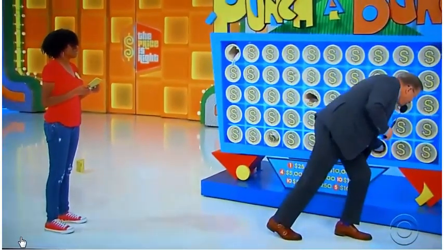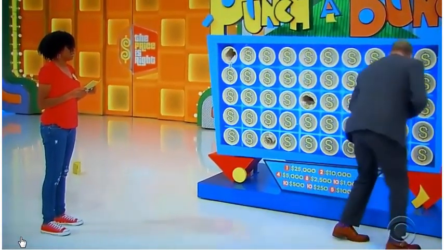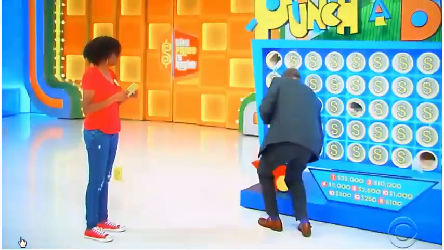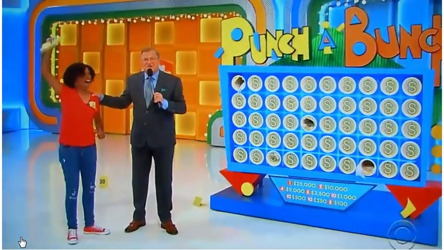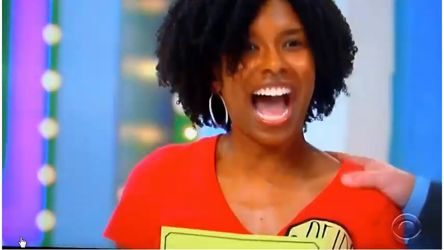So if you would have thrown away that $5,000, you would have got $250. Then you would have felt really bad, and you would have said, "Don't throw that away." Then your heart would have sunk. Then I would have went to this last one, and you would have got $5,000 anyway. Congratulations. She picked 2 $5,000 spots out of the whole board. That is amazing. We're going to spin the wheel right after this. Don't go away. Nice job.